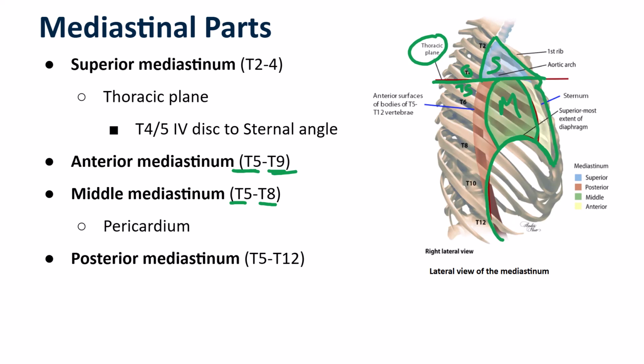Now that posterior mediastinum is everything behind the pericardium or posterior to it and anterior to the vertebral column, but we can see that it goes down way far behind the diaphragm. So while it has a superior edge at T5, it goes down all the way to T12. So we can begin to understand some of the diaphragmatic recesses by means of the mediastinum here. So superior, anterior, middle, and posterior mediastina.